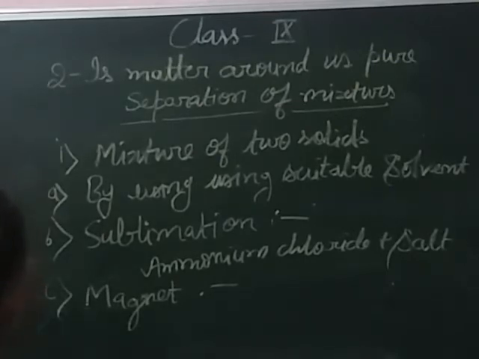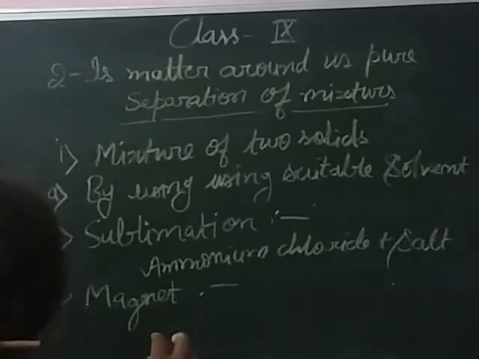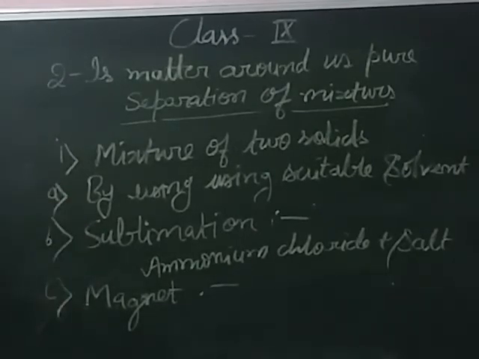If the mixture is of iron powder and salt or sand, when we bring the magnet near the iron filings, they stick to the magnet, and we can easily remove the iron filings from the mixture.